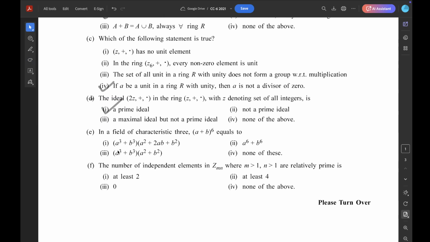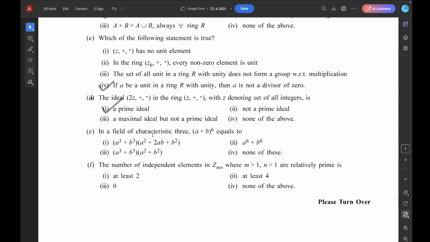Option E, question E. In a field of characteristic 3, note that characteristic 3, (a + b)^6 equals what?